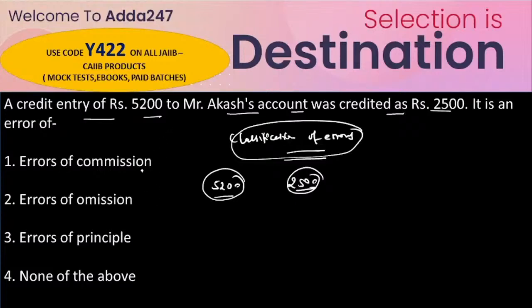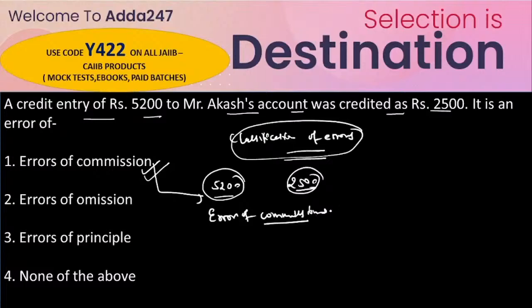So the answer is error of commission. Why? Because an error of commission occurs when an entry is posted either on the wrong side or in the wrong amount.